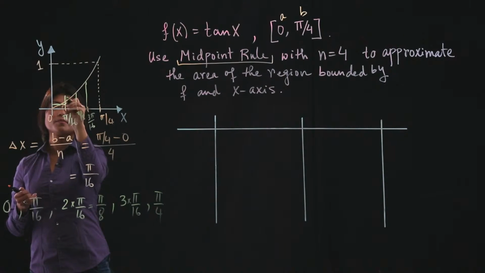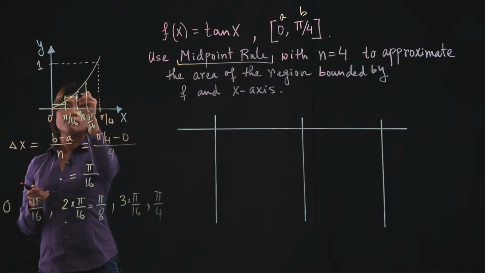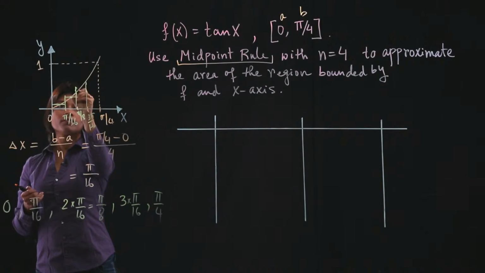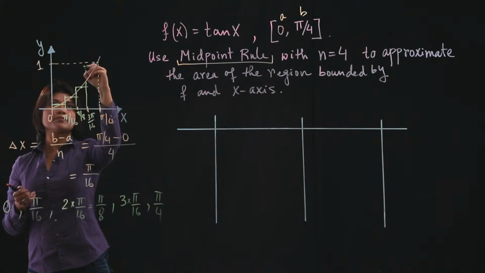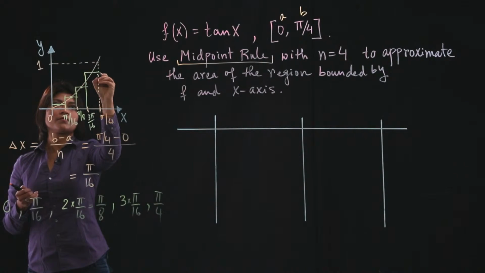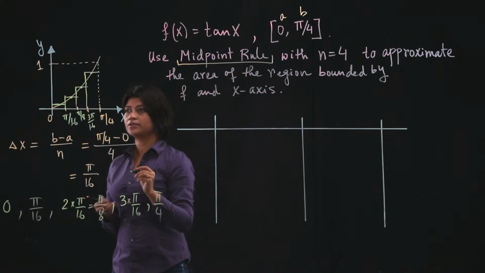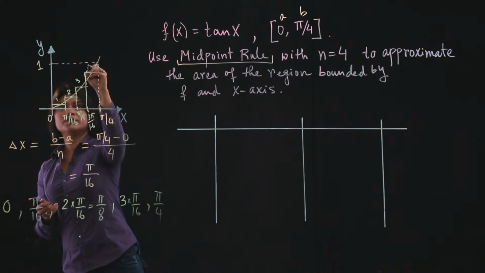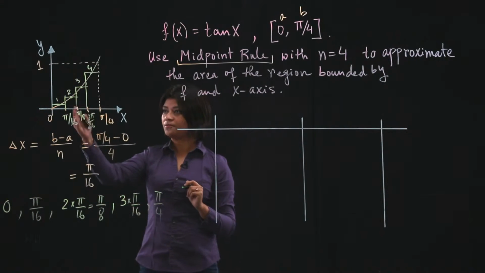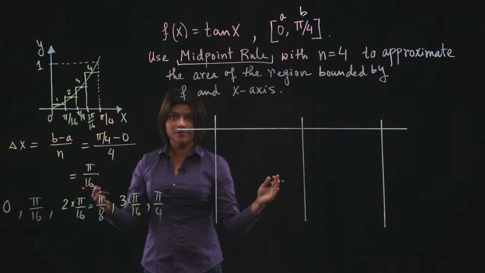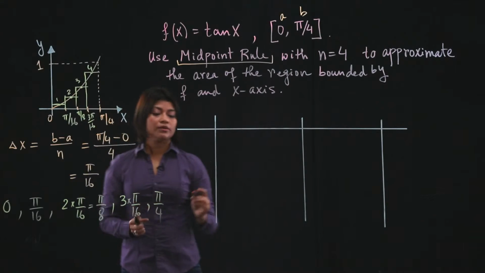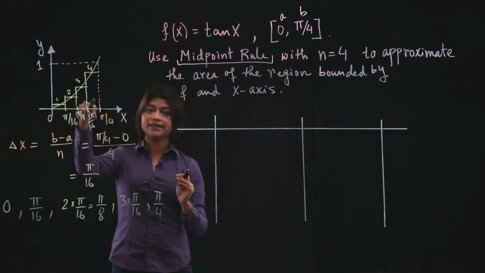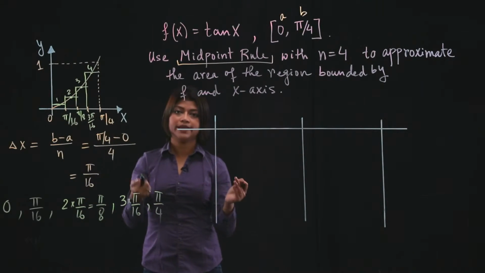For the next one, the last one, so those are the rectangles. So 1, 2, 3, 4 rectangles. We have to find the area of each one and then add them, and that will give us the approximate area. Okay. So let's use a table to find all the lengths of the rectangles, the widths, and the areas.